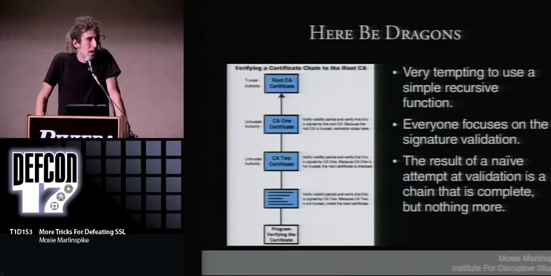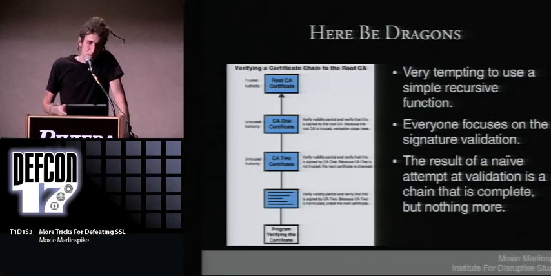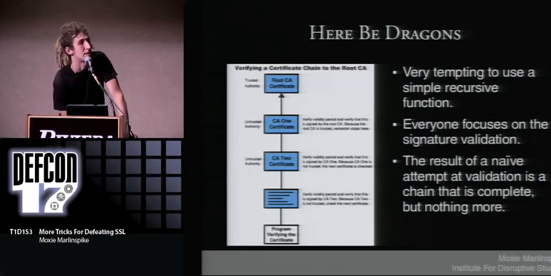I've said before that when looking for security vulnerabilities, a good place to start is places where developers might not understand the full scope of what's going on and yet feel really good about the solutions that they implement. So, for instance, when validating a certificate chain, it's tempting to use a simple recursive function.